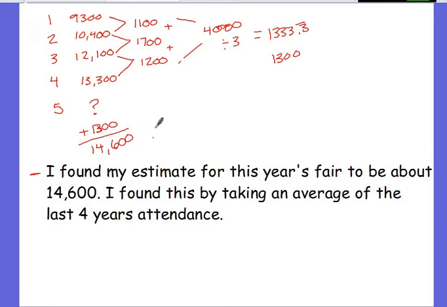I just used a text box to type my answer because my pen wasn't working. For my word part of the answer, I wrote, I found my estimate for this year's fair to be about 14,600. I found this by taking an average of the last 4 years' attendance.